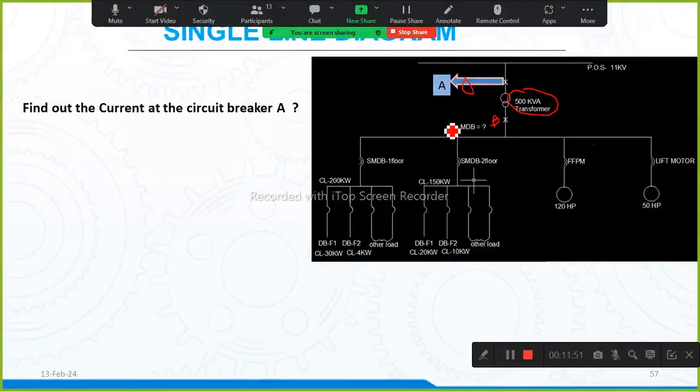It's 95 amps. Where did you get 95 amps? How is it 95 amps? 695. At point A or point B are you talking? 695.62.